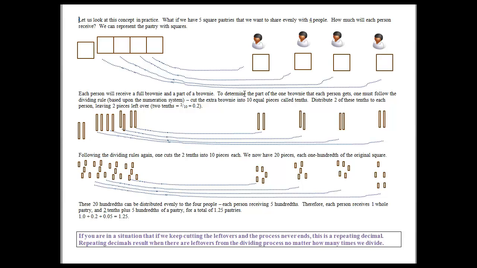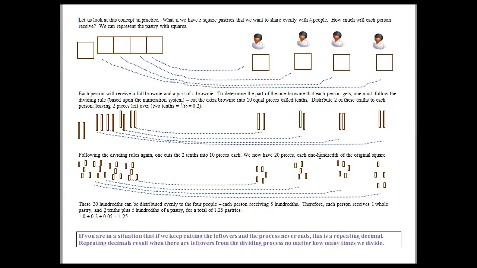Because we can't give them any more, we don't have enough here. We're going to have to, again, break it into more pieces so that we can continue dividing this up. So what we're going to do is divide the 2/10 by 10, and that's going to give us 20 pieces.